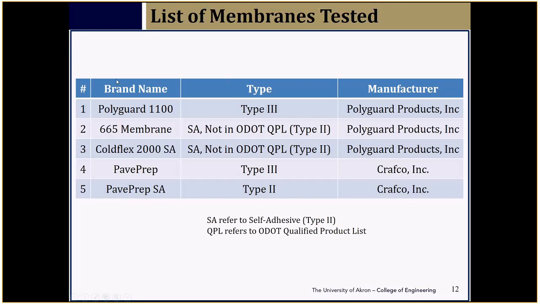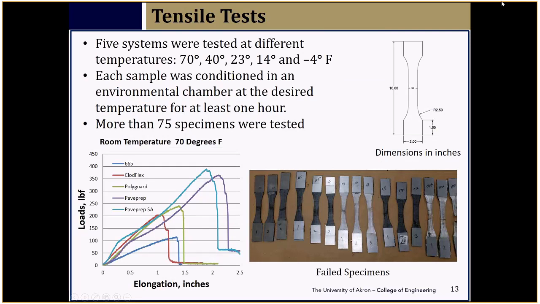So if successful, they could use that. And then others were the traditional membranes. And these 5 were picked based on a big list of about 30 membranes. And then we just picked the representative samples.